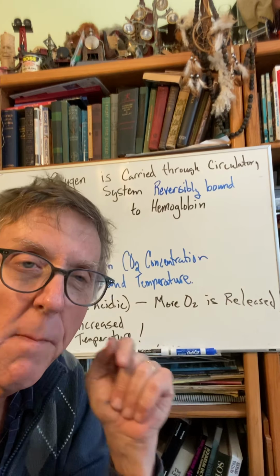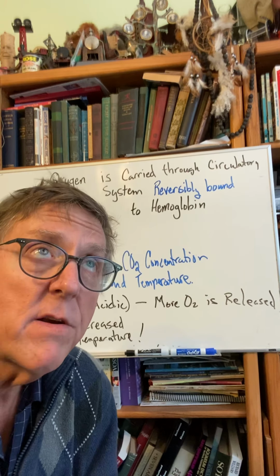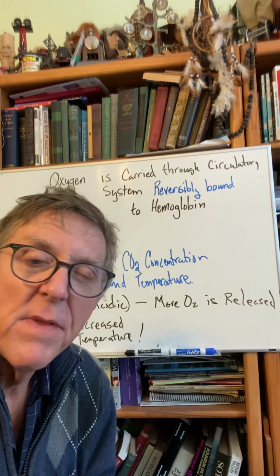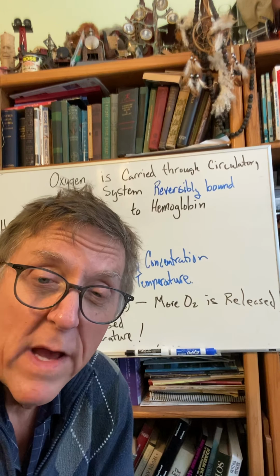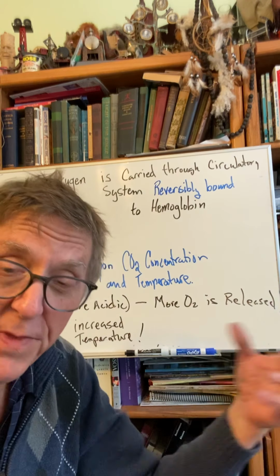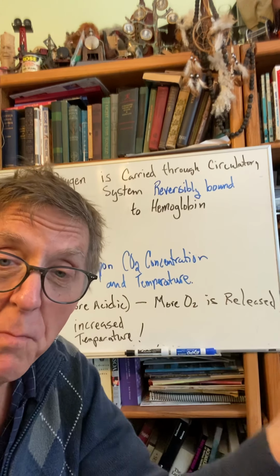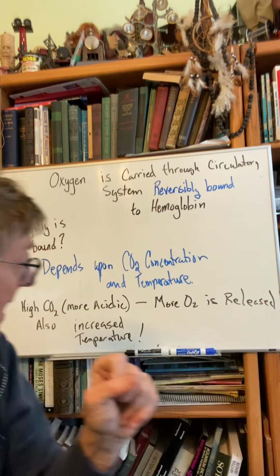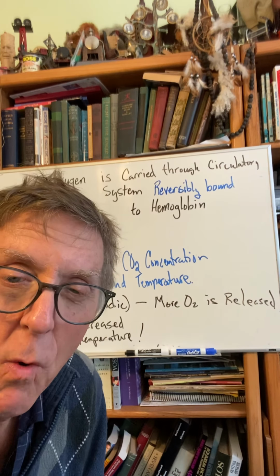So you might remember in A&P1, we had talked about how CO2 in the blood is going to dissolve to form carbonic acid, and so as the levels of CO2 rise, the blood becomes more acidic. Well, as the blood becomes more acidic and CO2 levels rise, oxygen is more easily released.